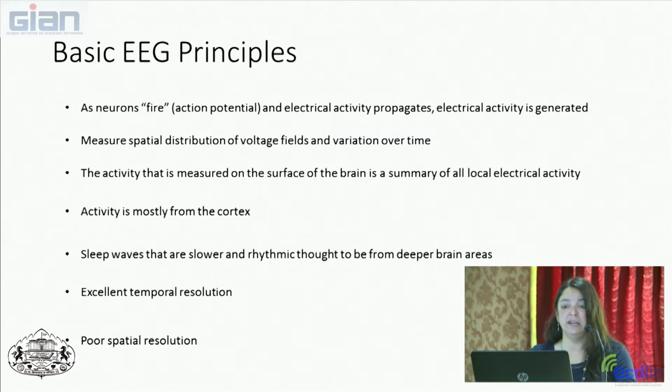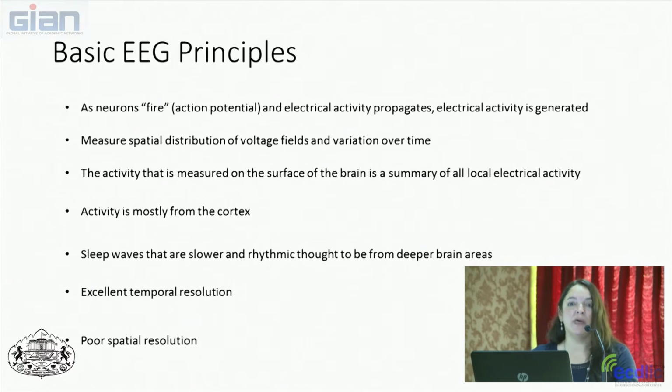And with EEG, we can measure the spatial distribution of this electrical activity. So we're looking at the voltage fields created by the brain, and we're looking at the variation in these over time. As I mentioned, the activity that's measured on the surface of the brain is a summary of all the local electrical activity that's going on underneath the scalp, underneath the meninges, and underneath the cerebrospinal fluid.